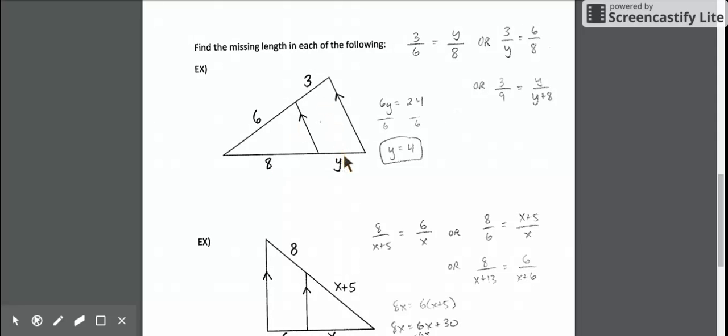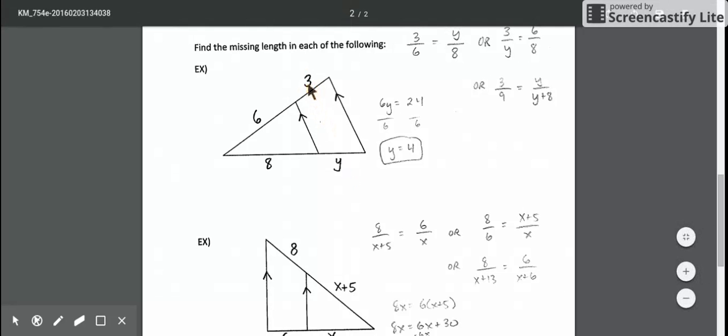We could go across the triangle. I could say that 3 and y are corresponding. They're the smaller pieces. And I could set that equal to the ratio comparing 6 to 8, those corresponding pieces.